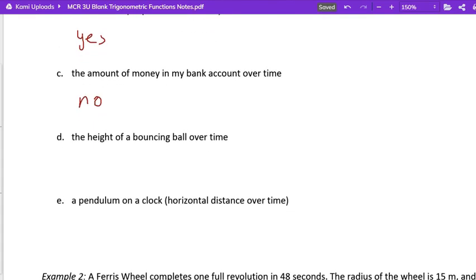The height of a bouncing ball. So when you have a bouncing ball, let's say you start here, it bounces. Does it go right to the same height? No, it doesn't. How come? Okay, it's losing momentum. What is it, Timur? Okay, I don't like the word loses energy. I guess the ball itself loses energy.